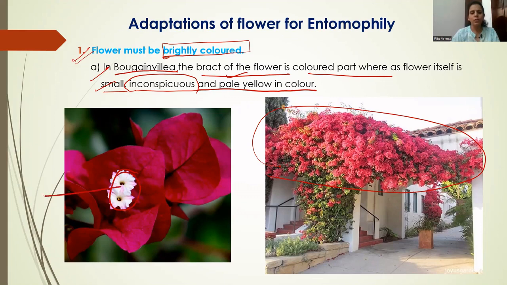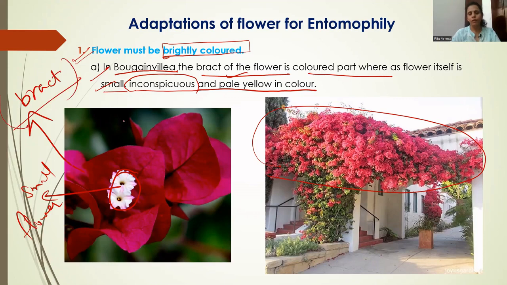This one is a very small flower, and this pink leaf-like structure is the bract of the flower. So this colored bract attracts the insect for the process of pollination, and as the insect comes closer to this plant, it might notice these flowers and sit on it in order to suck the nectar.